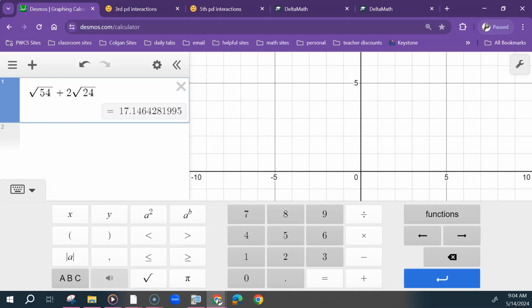If it gave you a whole number, and maybe one of your answer choices were a whole number, then you would know that it wouldn't still have a radical. But if it gives you a decimal, you have to figure out which radical would simplify to be this. So if I start putting in our answer choices, A matches.